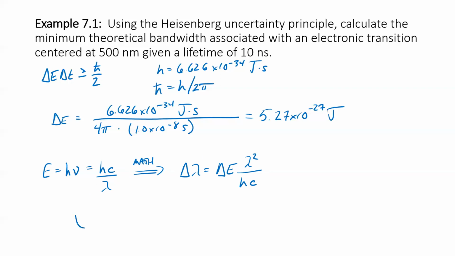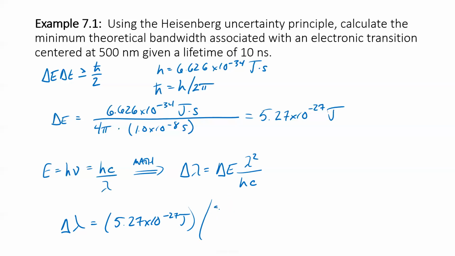And so our bandwidth in terms of wavelength is that energy, 5.27 times 10 to the negative 27 joules, times lambda squared.